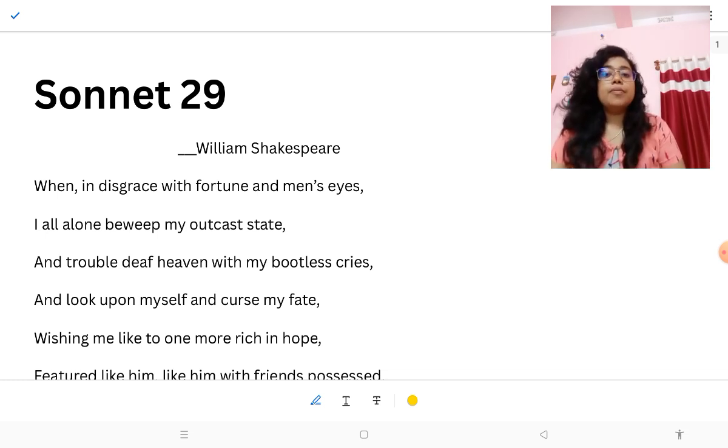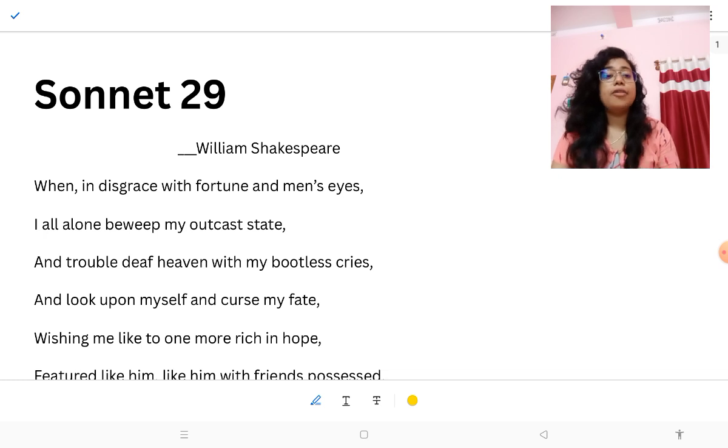Okay, so I hope you know what a sonnet is. A sonnet is a 14 line poem, meaning there are 14 lines in a poem. The sonnet form was invented by an anonymous Italian writer.